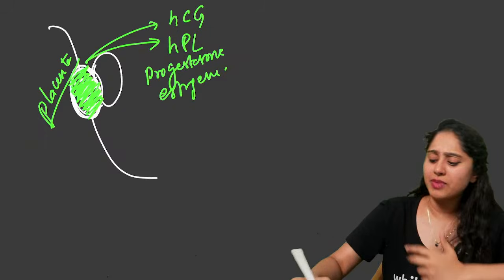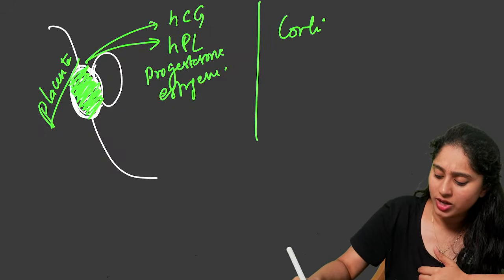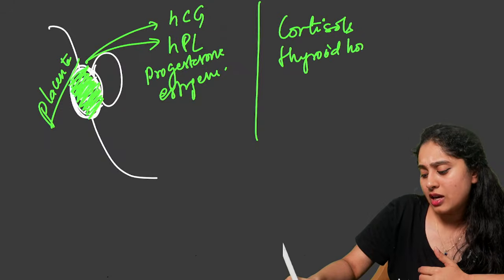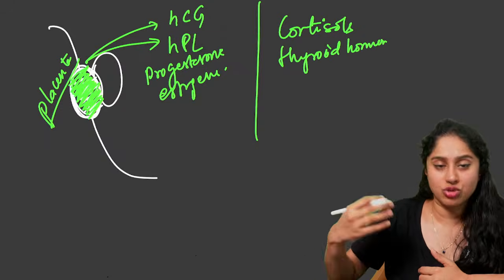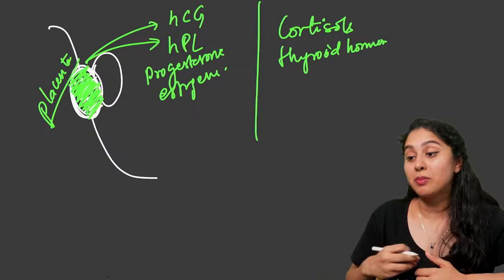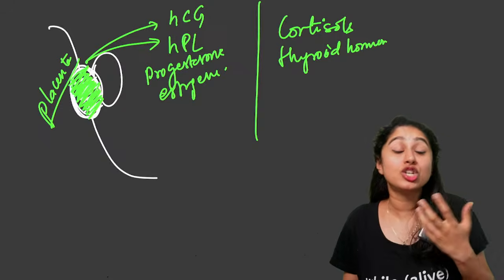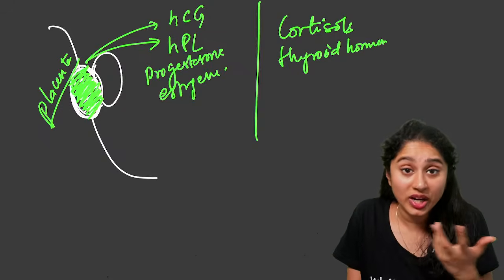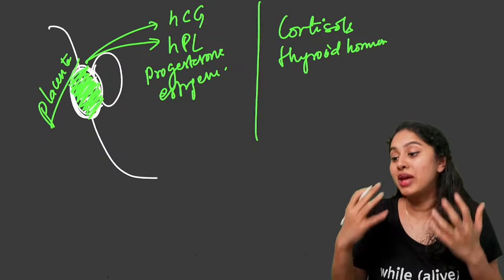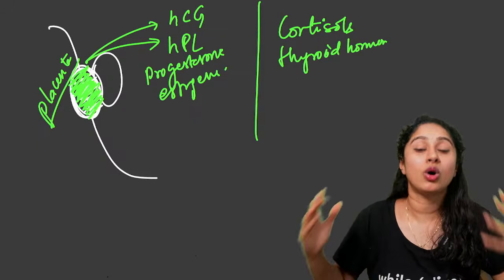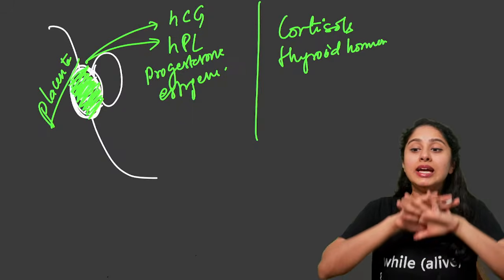Apart from that, in the mother's body you will have cortisol, thyroid hormones, and again progesterone, estrogen and all of these hormones which are multiple folds. Why should there be so much hormone in the body? Because it has to support the making of one whole organism on itself. So that is why it is all there.